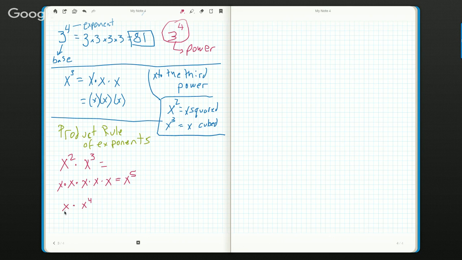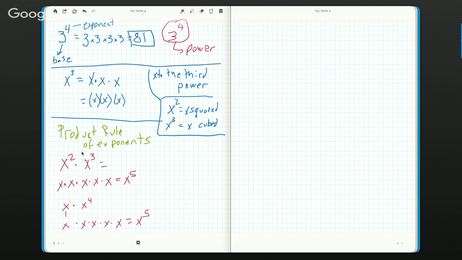There's just one x. It's not x multiplied any number of times. So we think of this as x to the first power. If we bring this down, we get x. And if we bring this down, we get x times x times x times x. And so here we have x to the fifth power again.